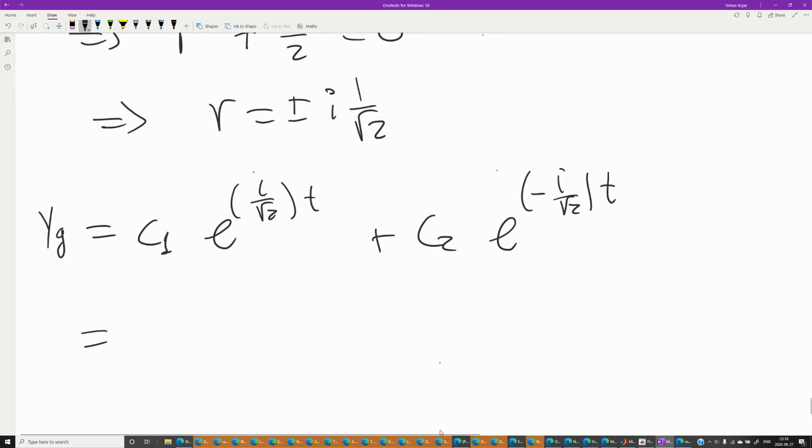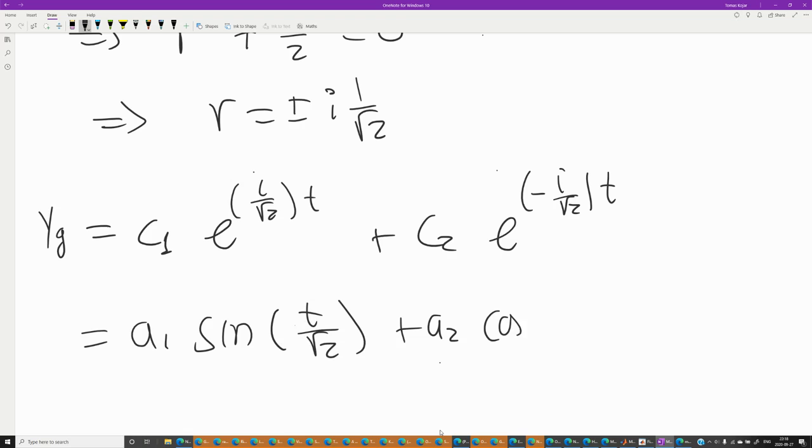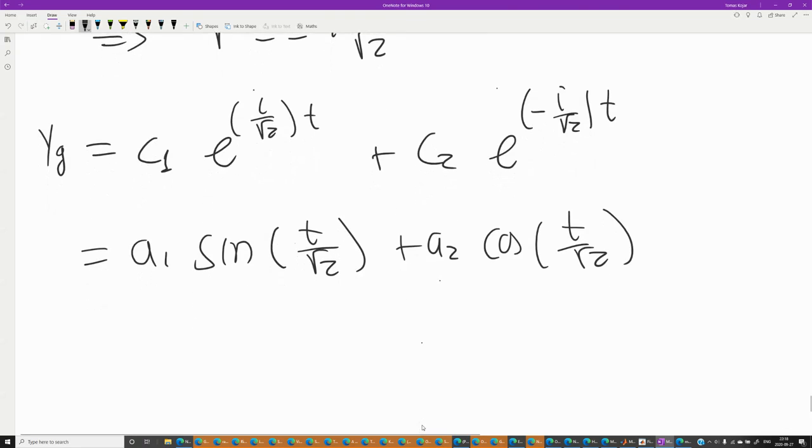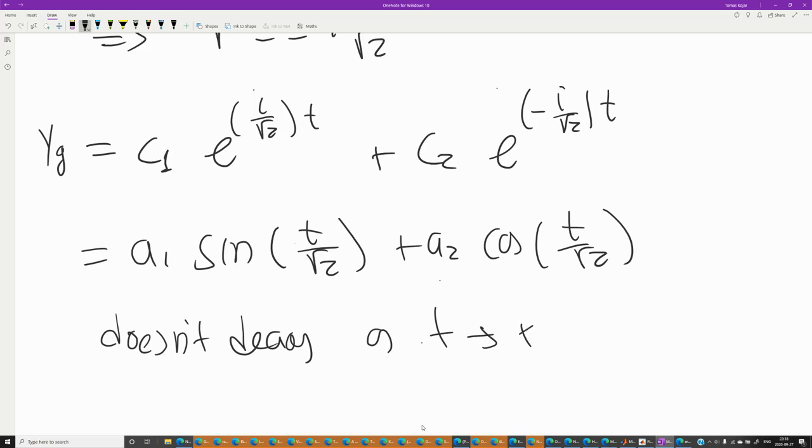And with Euler's formula, sine of t over square root 2 and cosine of t over square root 2. This guy doesn't decay as t goes to infinity. Instead, it's a periodic behavior.